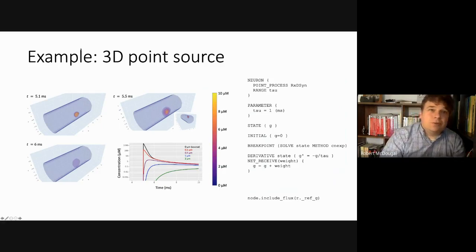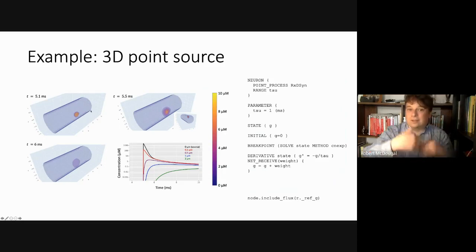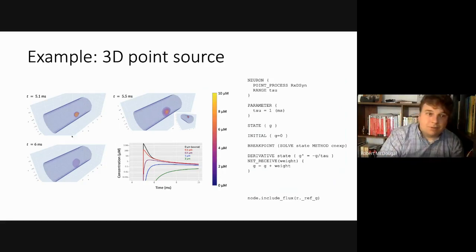We can do those simulations in Neuron. You need to use a mod file to receive the event, and then you can pick wherever you want to put it. That synaptic event leads to the production of a material here, which diffuses away and then stabilizes. We're seeing different time points as the thing spreads out and diffuses.